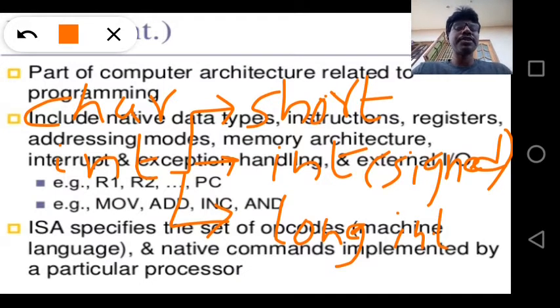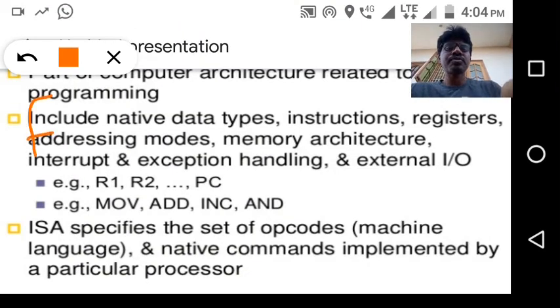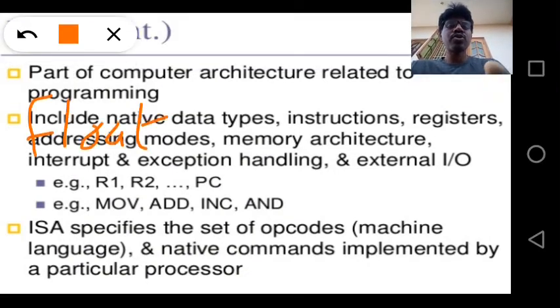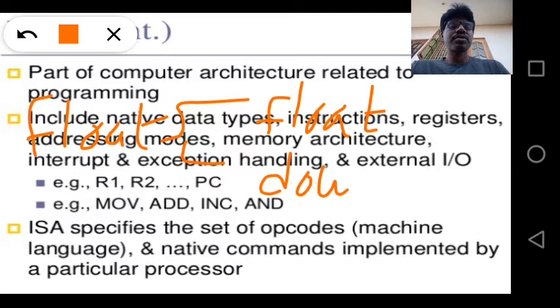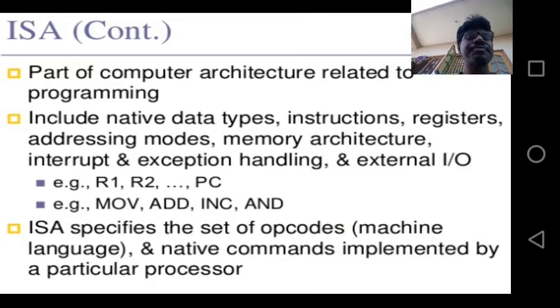So these are the different types in the integer data type. Next I have float. In float I have the float data type and the double data type. So these are the different types of native data types.